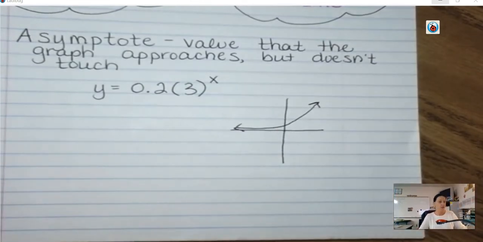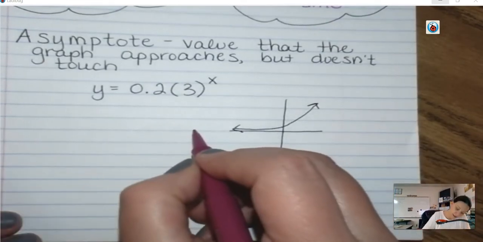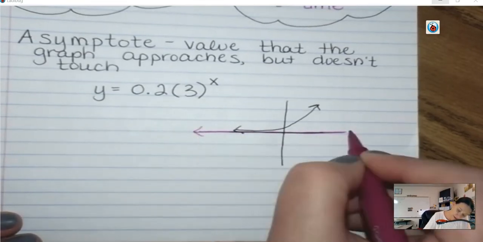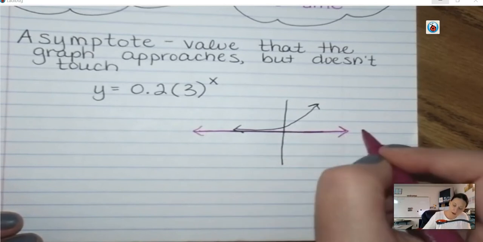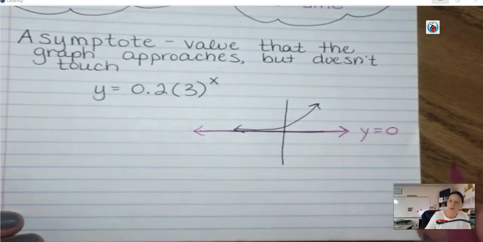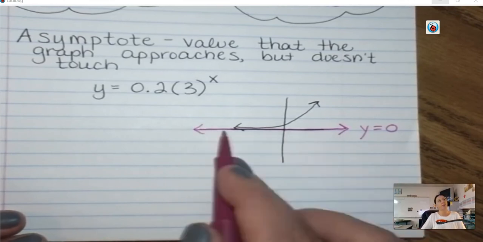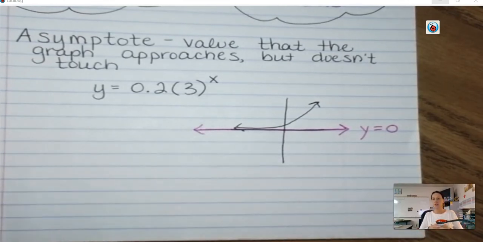It always gets really, really close to this line right here. It never touches. And that line right there is at y equals 0. That is the asymptote. That's what it gets close to, but it never touches. It's never going to touch 0.